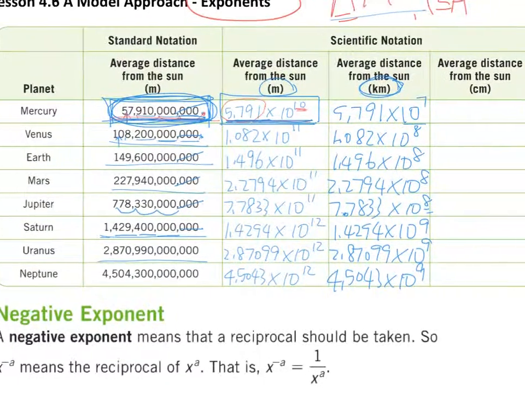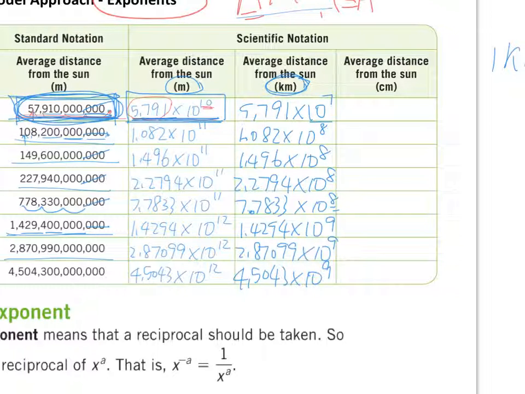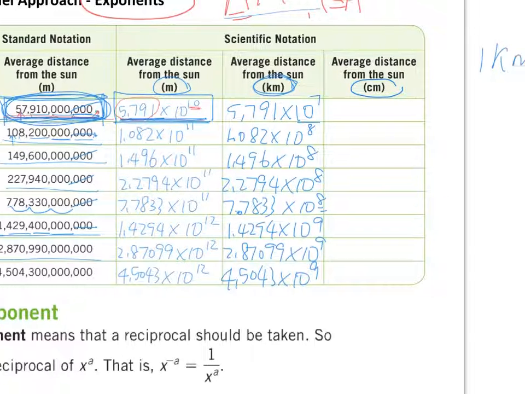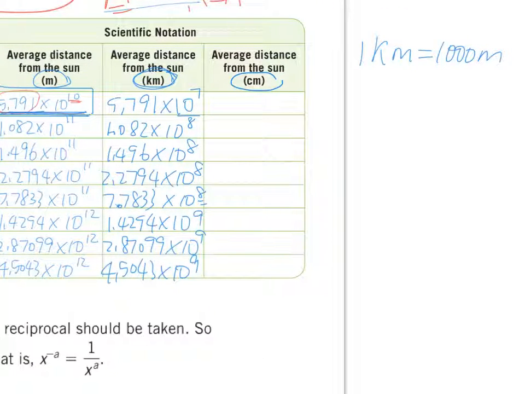And the next column, we'd like to know, what if I want to convert the average distance from the sun into centimeter? Wow, centimeter is a very small measure, and if we recall the conversion from meter to centimeter, 1 meter is 100 centimeter.